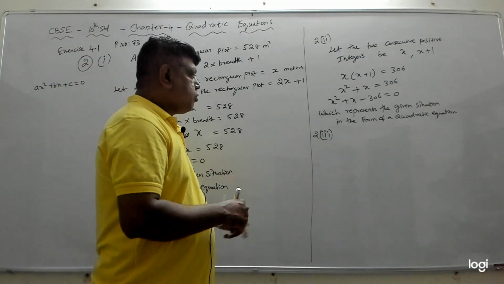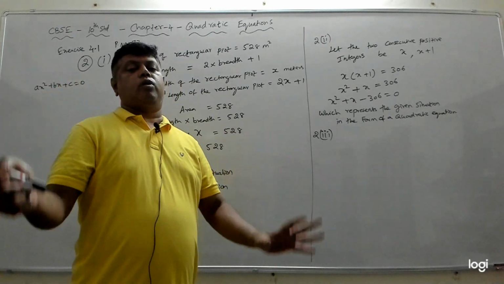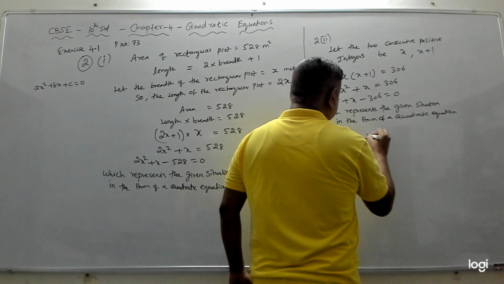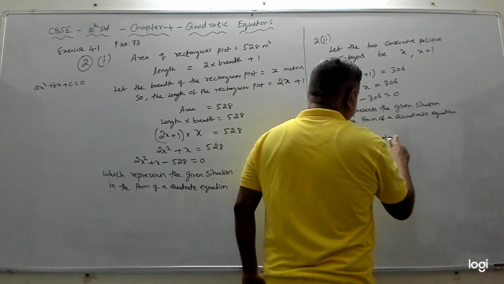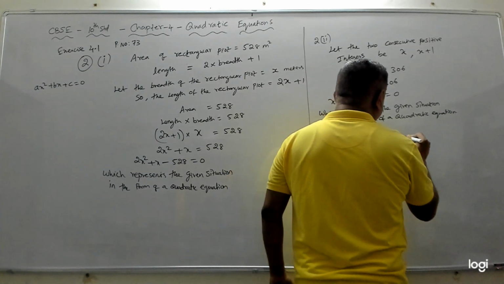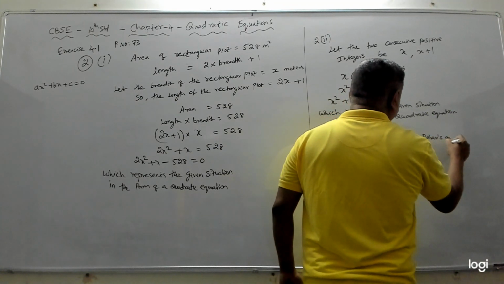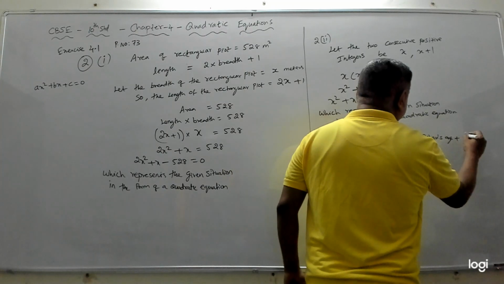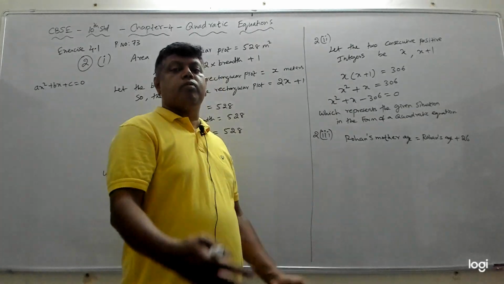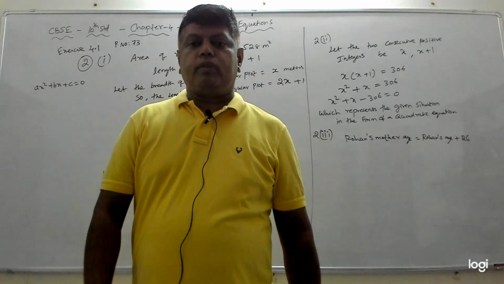Rohan's mother is 26 years older than Rohan, which means Rohan's mother's age equals Rohan's age plus 26, because she is 26 more than Rohan. Older than means more than, right?